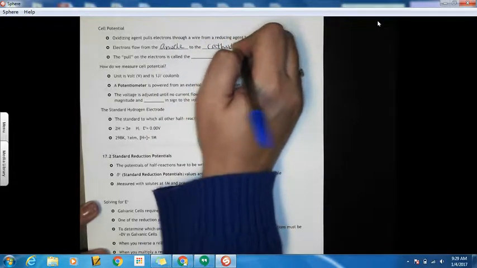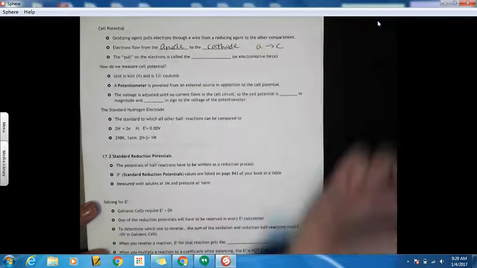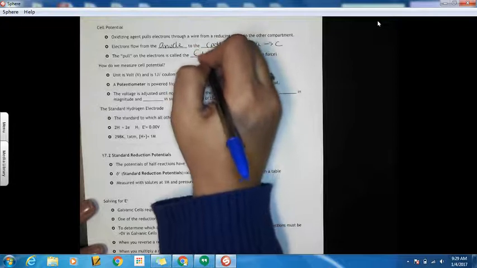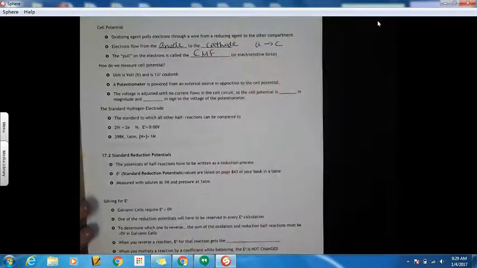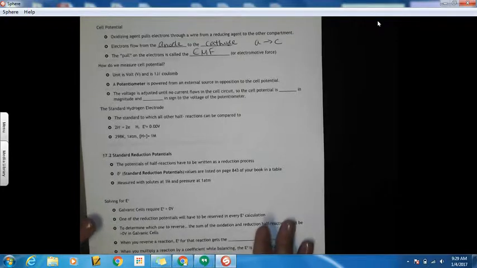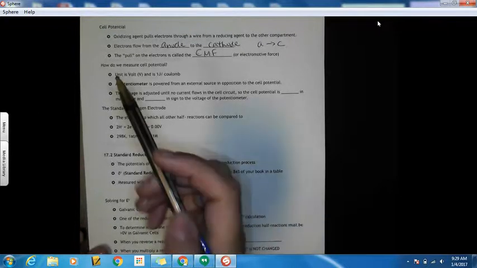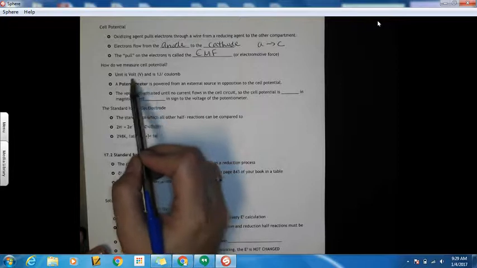And a good way to remember this is A to C, alphabetical order. Right? The pull of the electrons is called the EMF, or electromotive force. And that's the force pulling the electrons, or the force moving the electrons. Electromotive, moving electrons.